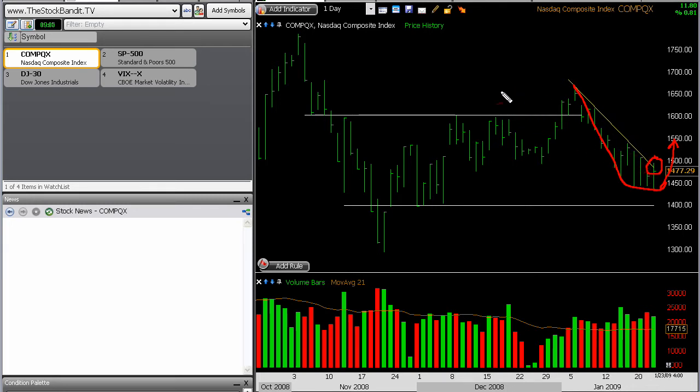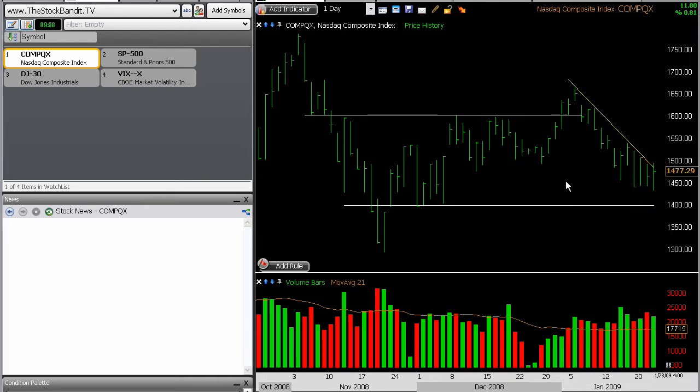And so what we need to see for the Nasdaq is a good solid push above about the 1505 area and a close above that on good volume in order to really consummate this trend line break. We attempted to break it on Friday but couldn't close above it. We need to see a good solid close above it if this rounded bottom scenario is going to play out and lead to a lasting bounce.